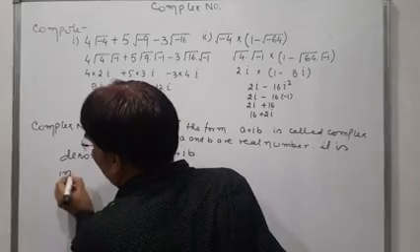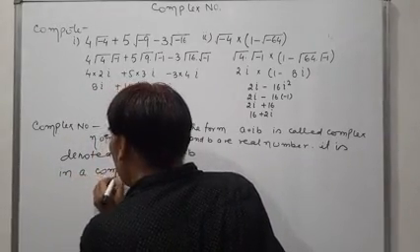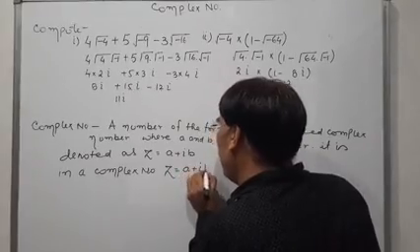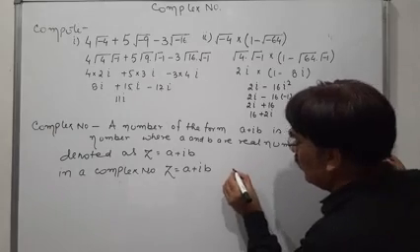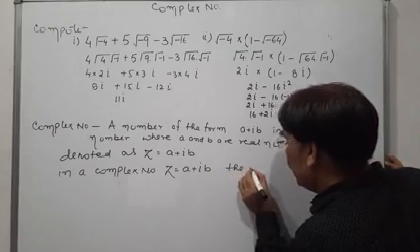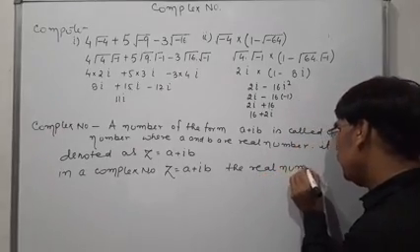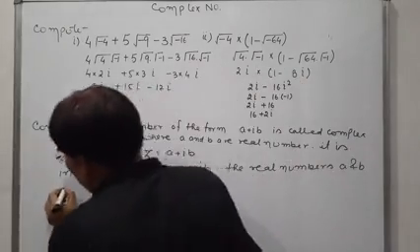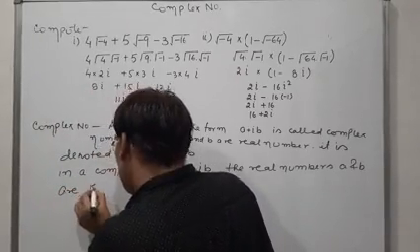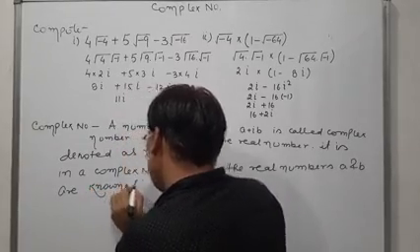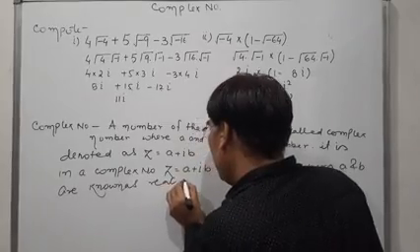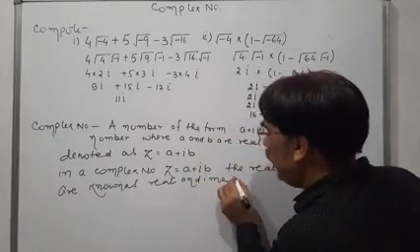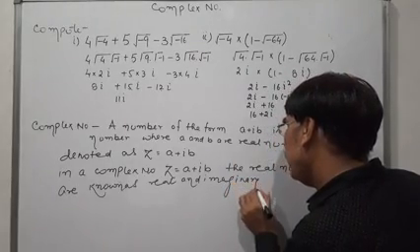In a complex number z is equal to a plus ib, the real numbers a and b are known as the real and imaginary part.